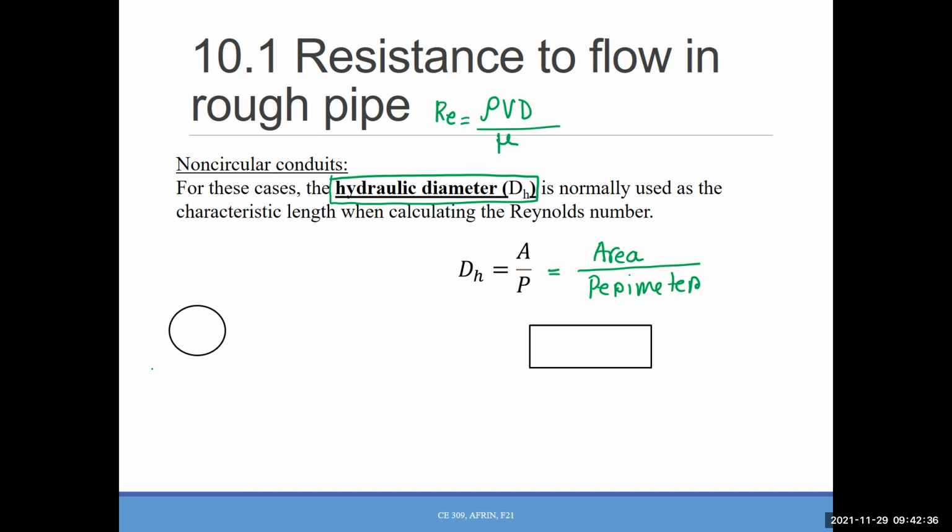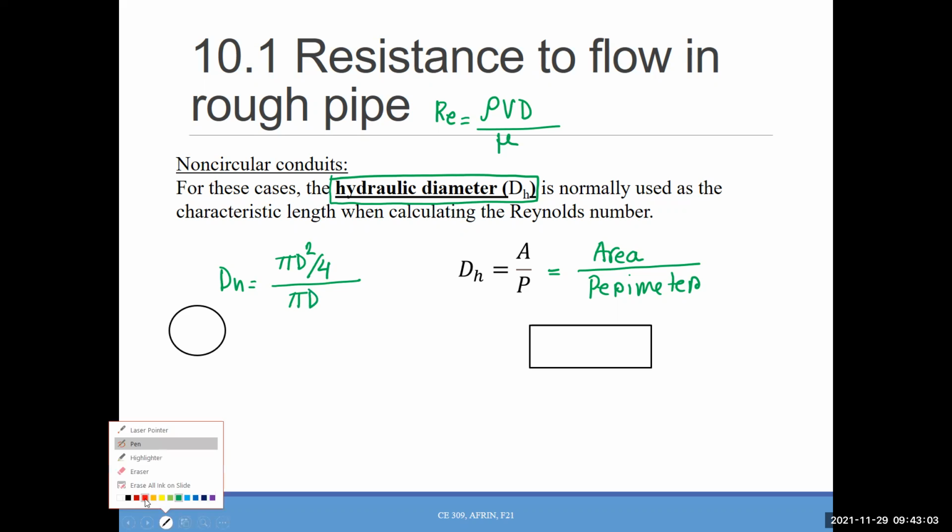Now let's check how that D and DH are connected. So for circular pipe, what is the area of the circular pipe in terms of D? Pi D square over 4. And the perimeter is 2 pi r or pi D. So you can cancel pi D. Finally, you will have D over 4.